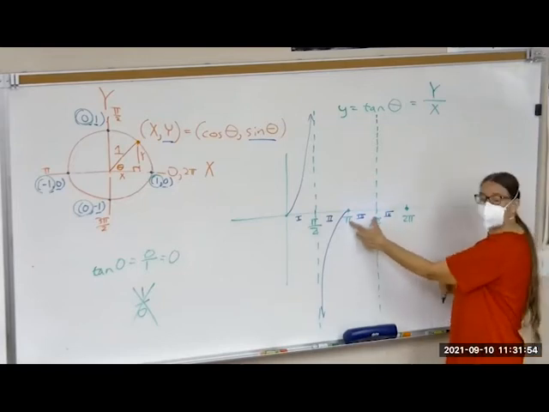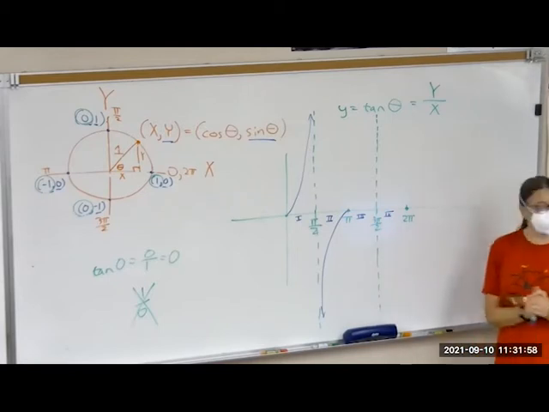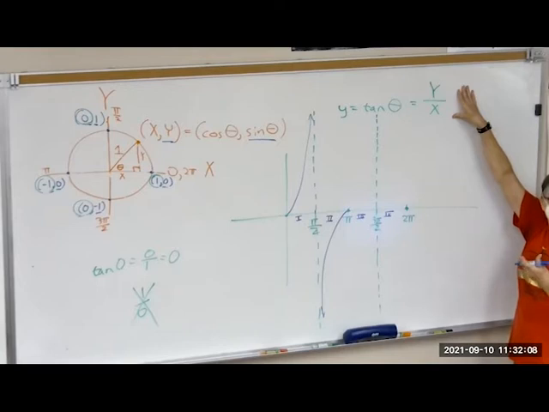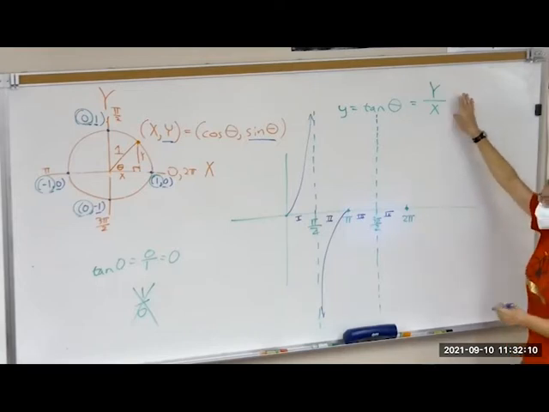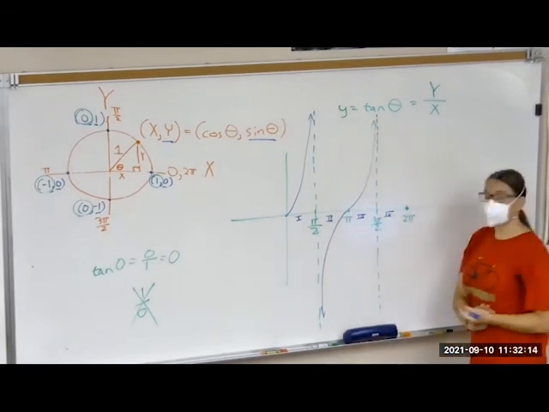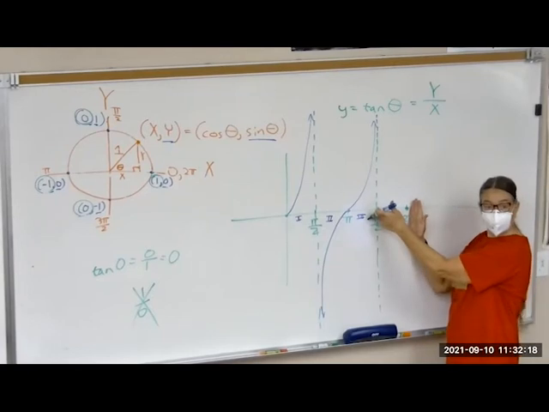All right, the next interval corresponds to quadrant 3. In quadrant 3, is tangent positive or negative? Positive. It's positive because now both the capital X and the capital Y values are negative, and 2 negatives are going to make a positive. So here we're going to go up towards infinity. And then this next little interval corresponds to angles in quadrant 4.